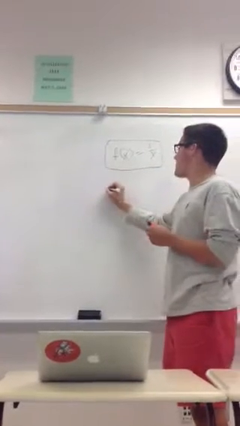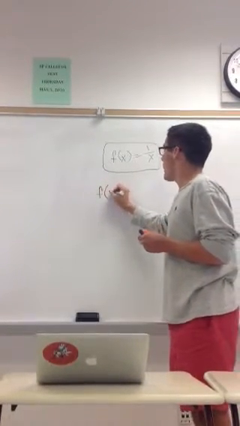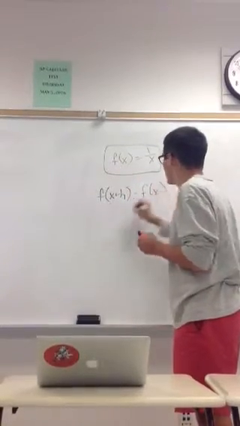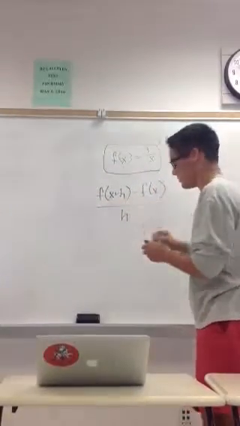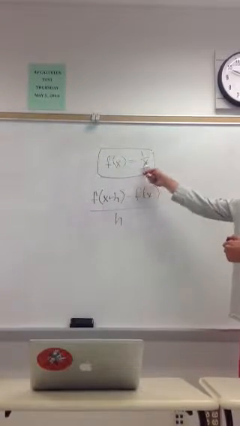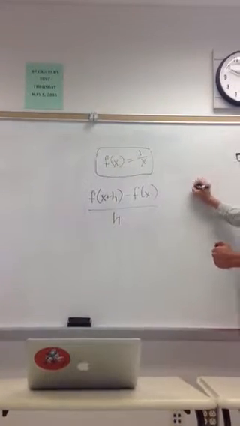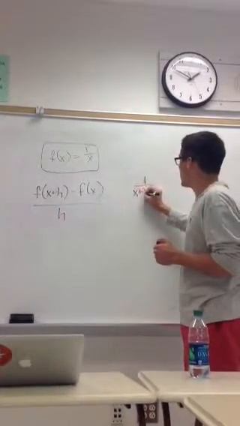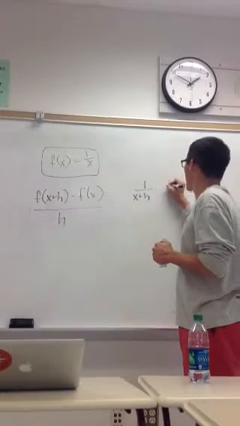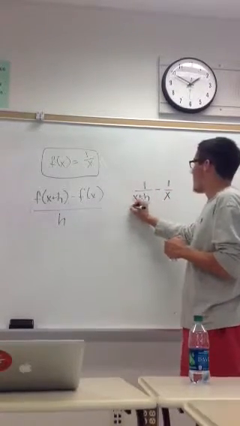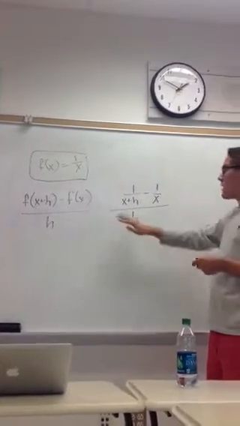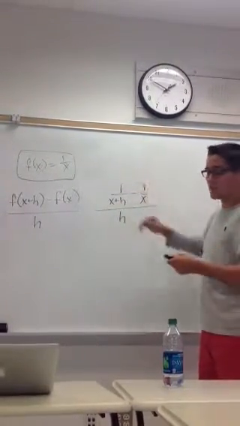And again, we're going to have that same equation, f of x plus h minus f of x over h. So we plug in x plus h for our x in the first part. We get 1 over x plus h. And now we're subtracting our original function, minus 1 over x. And that whole thing is over an h. So we're going to ignore that h for a little while and look just at our numerator.